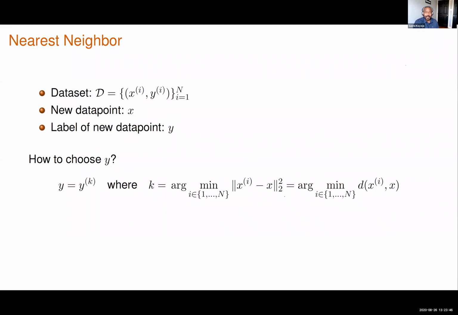I'll defer some of the discussion of how distances change behavior to when we get to talking about clustering, because distances will play a prominent role there as well. But I think for now, it suffices to say that you can pick a distance measure that you think is appropriate for the problem, and different distance measures will lead you to different kinds of prediction.